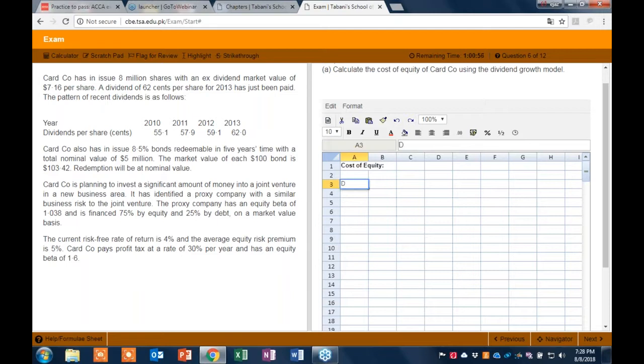One is the dividend valuation model, or dividend growth model, in case growth is given in the question. And the other is the CAPM model, the capital asset pricing model.